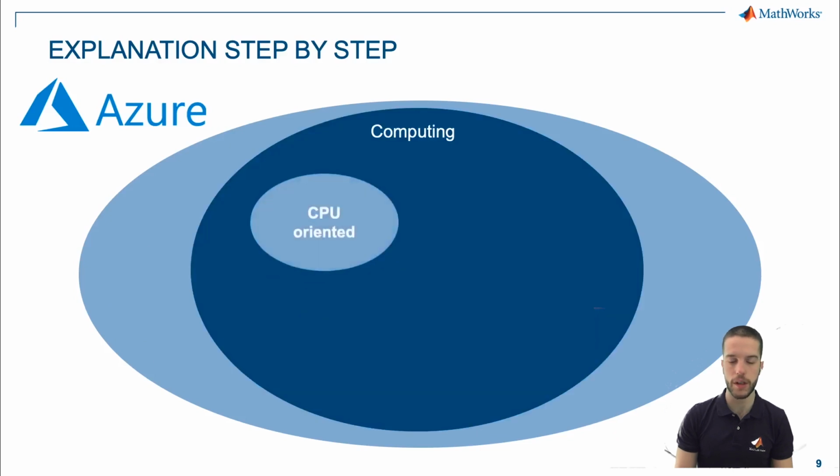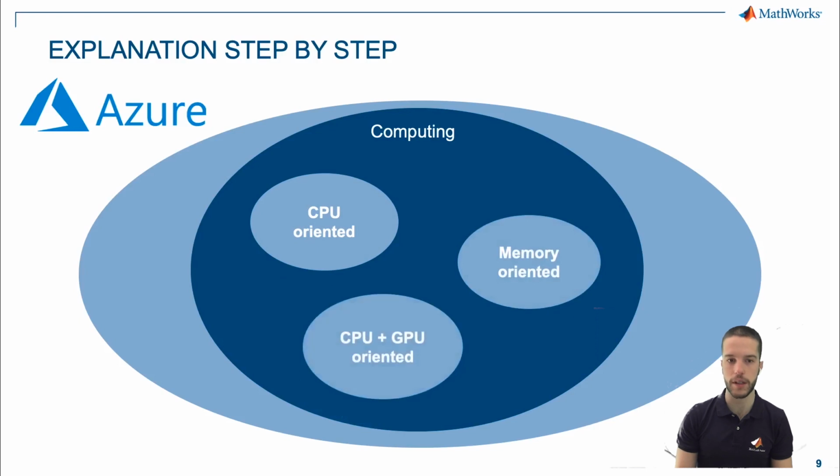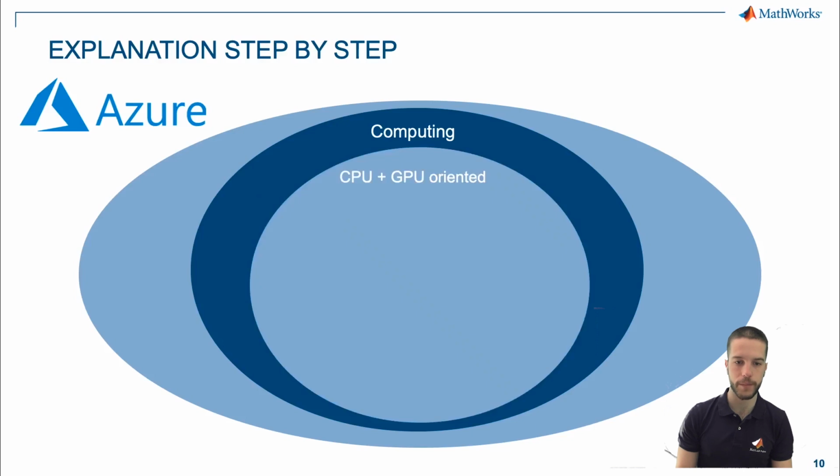Computing is composed of different servers with different specific tasks: the ones with CPU-oriented tasks, memory-oriented, and of course CPU plus GPU-oriented for graphical calculus. Our idea for today is to concentrate on CPU and GPU, which are the most general type of computing cluster that we could need.